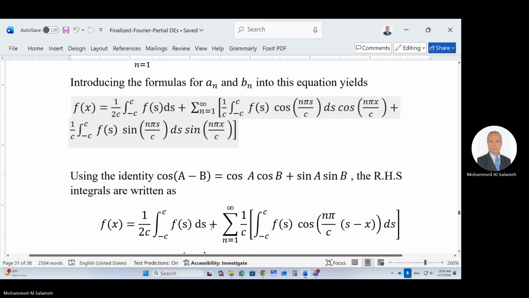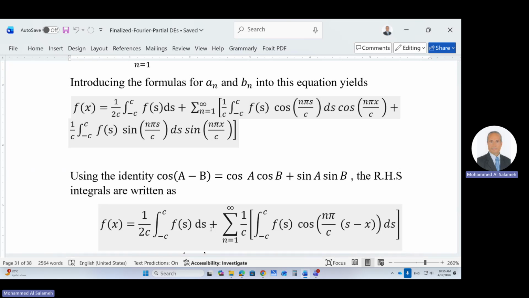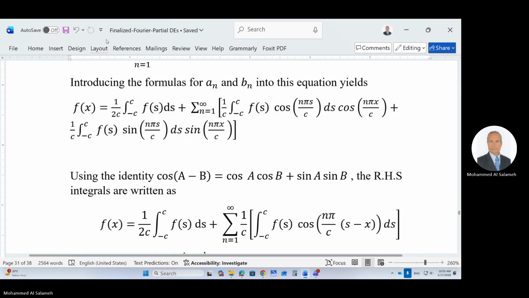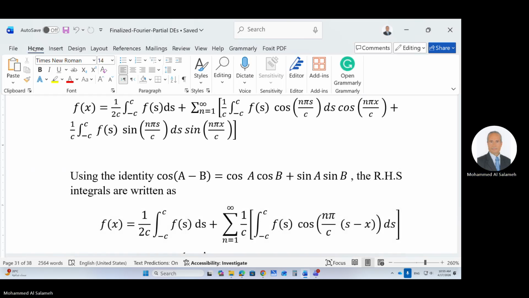Using the identity cosine a minus b equals cosine cosine plus sine sine, the right-hand side integrals are written as follows. We have the constant term as it is, and then f of x.